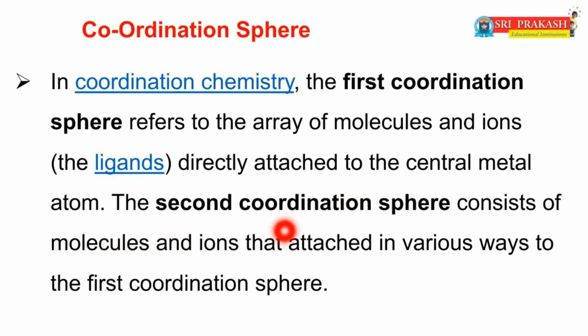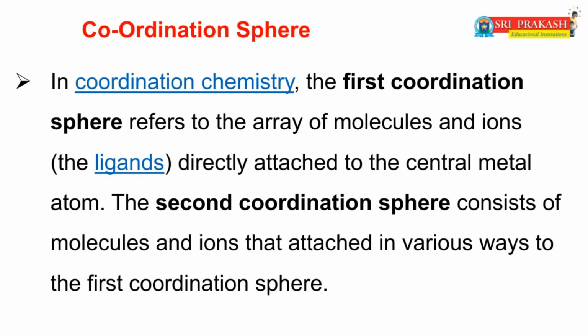The second coordination sphere consists of molecules and ions that are attached in various ways to the first coordination sphere. That means in coordination chemistry, the coordination compound contains 2 coordination spheres. One is the first coordination sphere and the next one is the second coordination sphere.